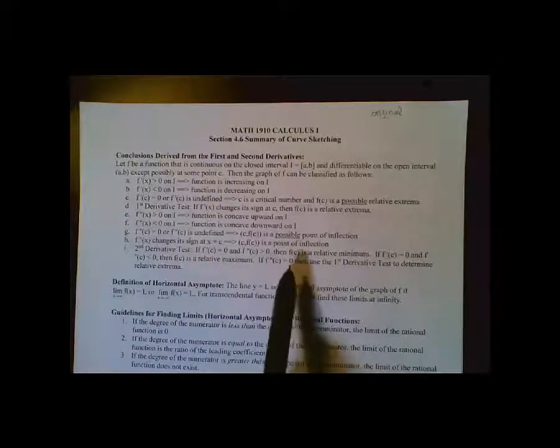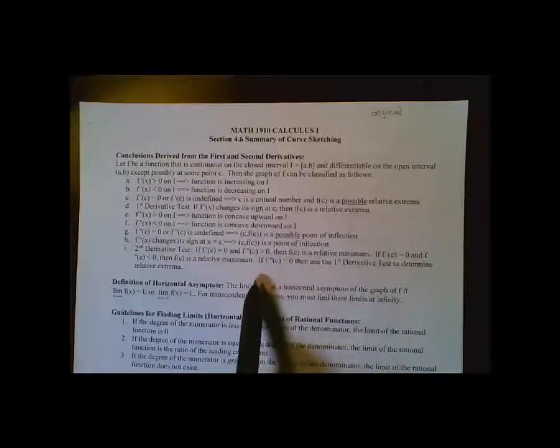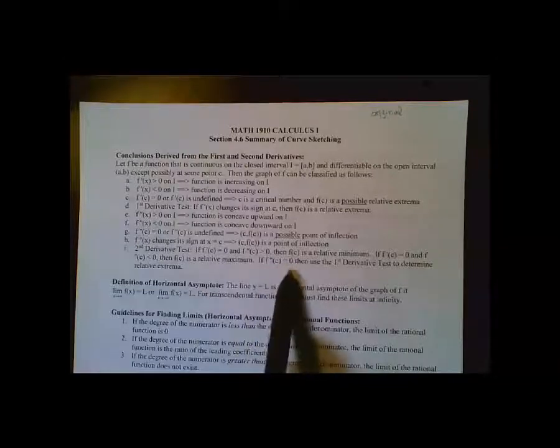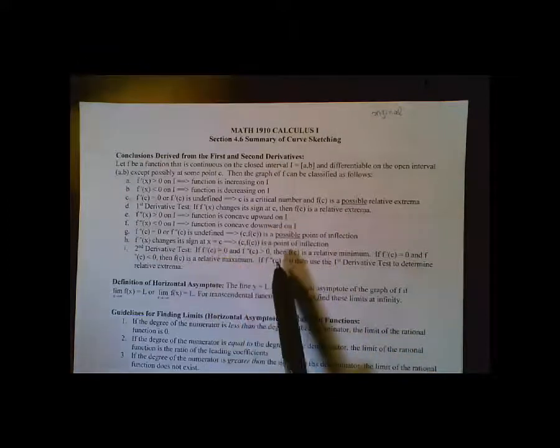If f double prime of c, if the second derivative of a function is 0 at c, then the first derivative test has to be used. Second derivative test doesn't tell you anything if your critical number of the first derivative makes the second derivative equal 0. We'll talk more about second derivative test in a minute.